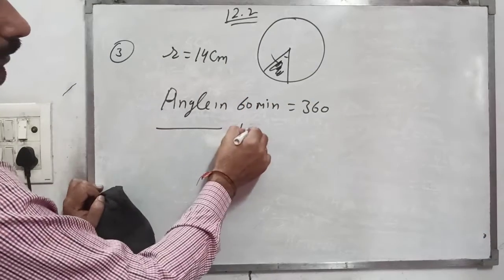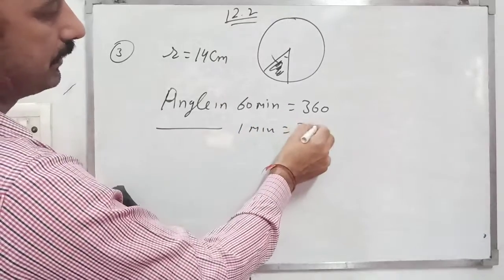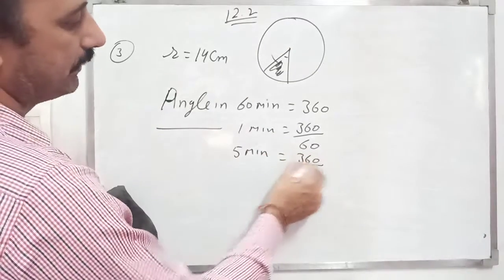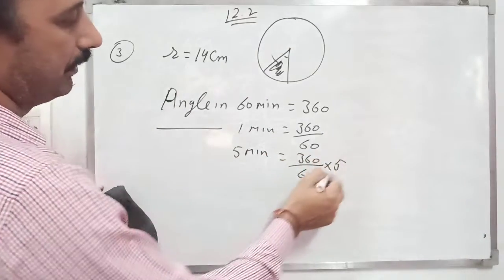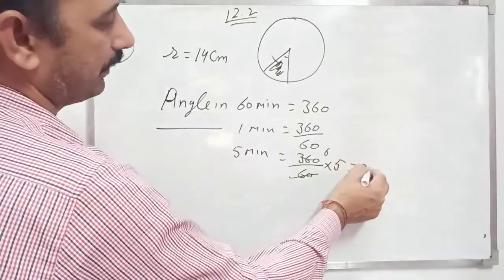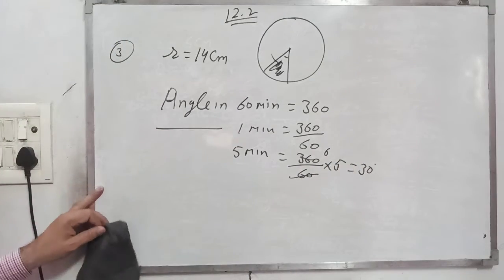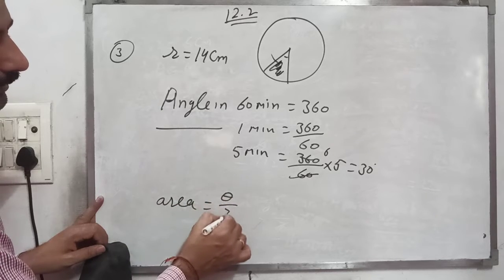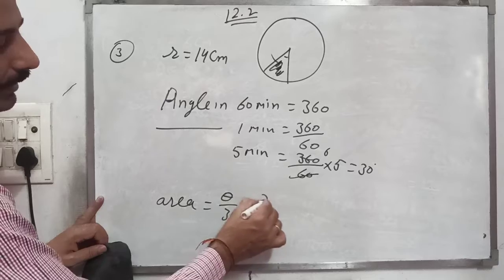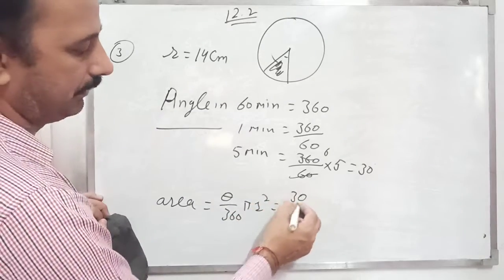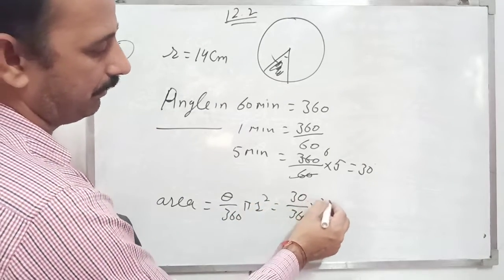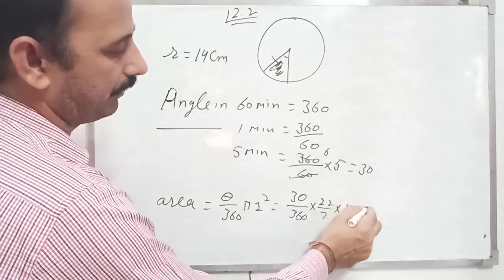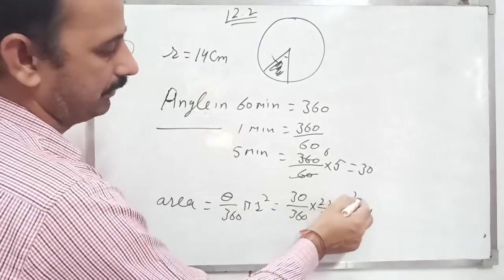So the angle in 1 minute is 360 upon 60, and the angle in 5 minutes is 360 upon 60 into 5. It cancels and you get 30 degrees. Now the area is theta upon 360 pi r square, that is 30 upon 360, 22 upon 7, into r, where r is 14, 14 into 14. So cancel it.